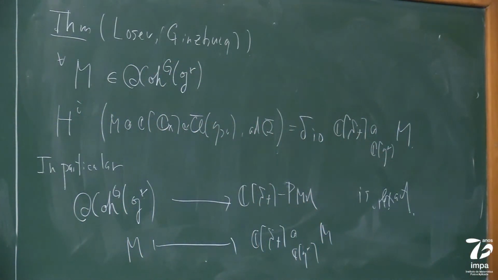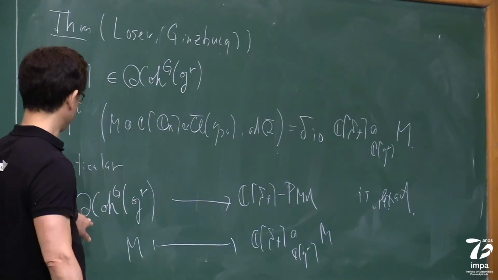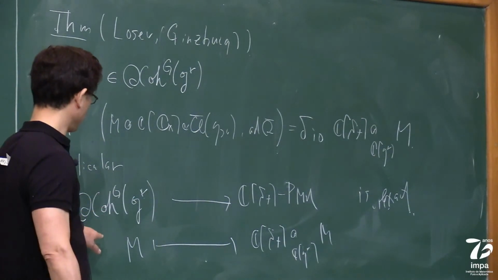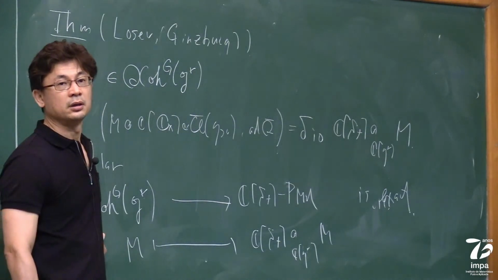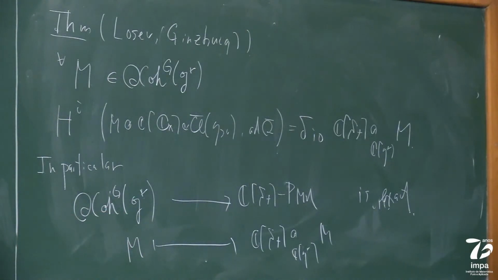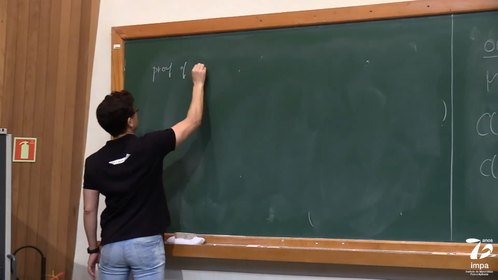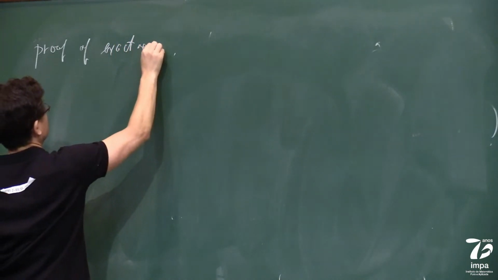So I don't have much time, so I won't explain the full proof, but I'm going to explain why this functor is exact and why this equivariant condition appears. So, proof of exactness.